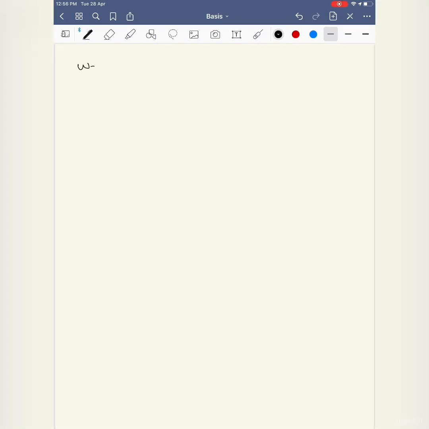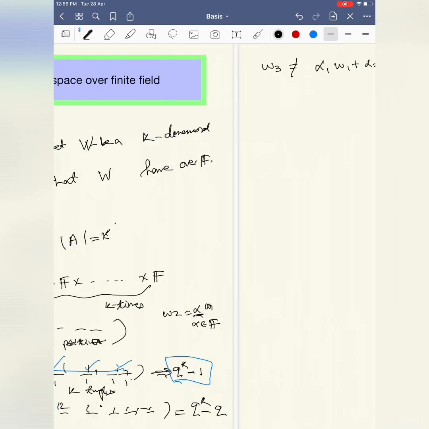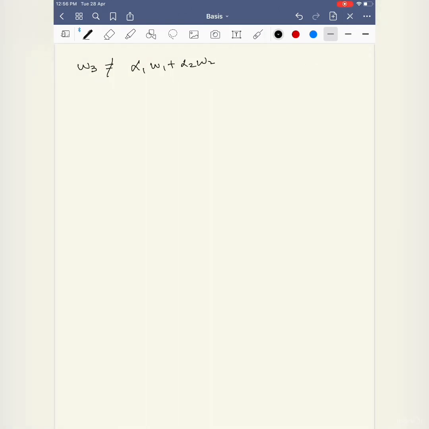Now w3 should not be alpha 1 w1 plus alpha 2 w2. We know a set is linearly independent unless there exists a vector which is a linear combination of the previous ones. So after constructing w1 and w2 linearly independent, I want to construct w3, which is not a previous linear combination. Again I have q choices for each coefficient, so combined I have q squared choices.